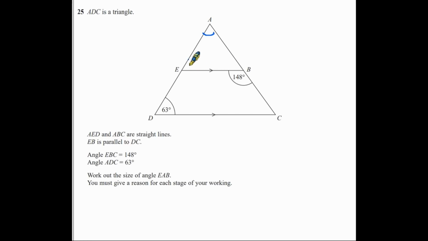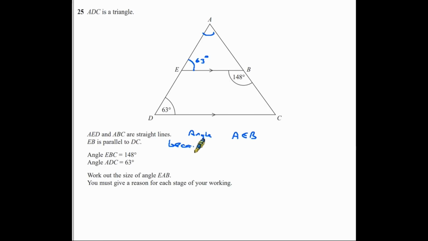Now this angle here, which is AEB, so let me write that down, AEB is 63 degrees, and we know that because corresponding angles, which is what these two angles are, are equal, and that is what you would write.